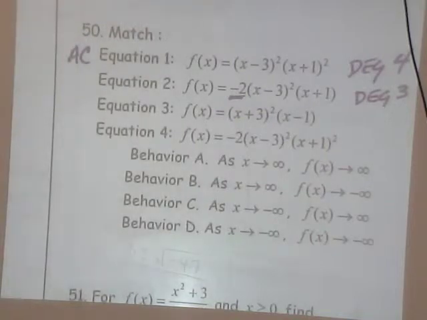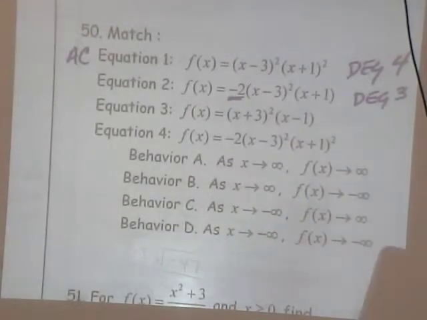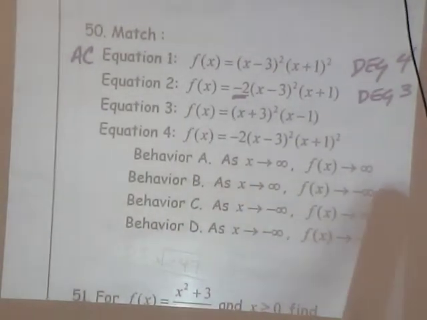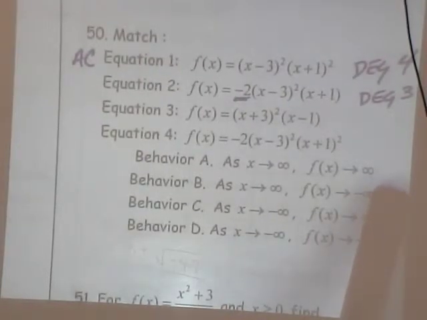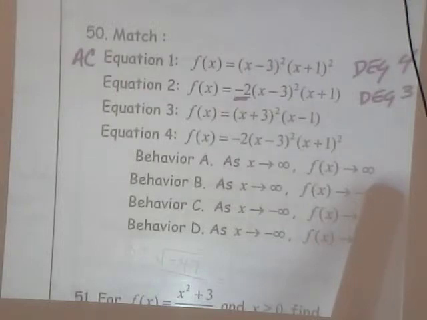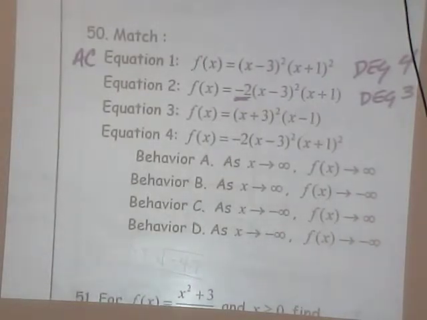So as x approaches infinity, y would approach what? Negative infinity, right? And as x approaches negative infinity, y would approach positive infinity. So that would be B and C.